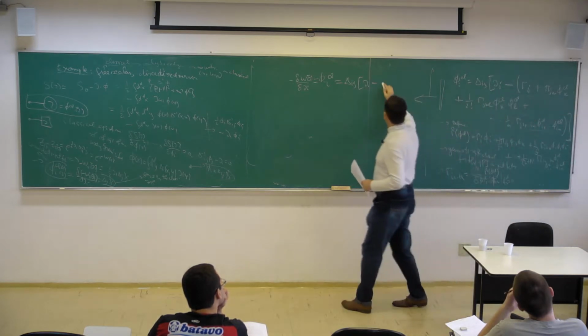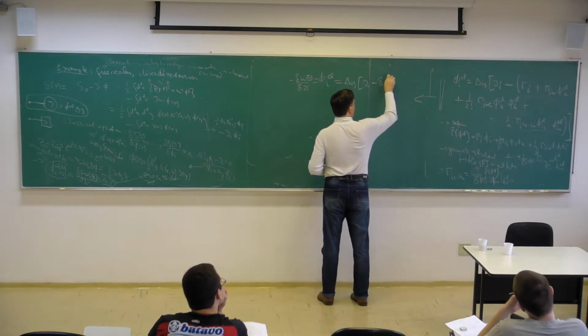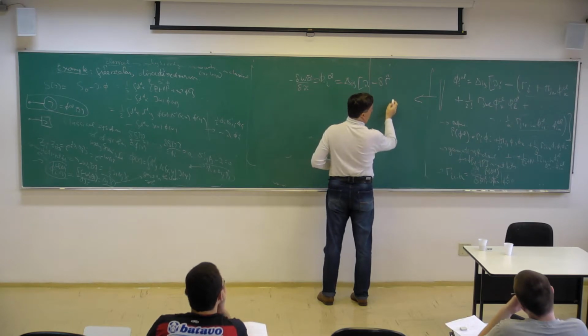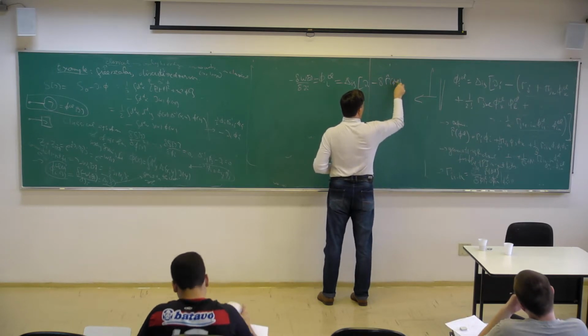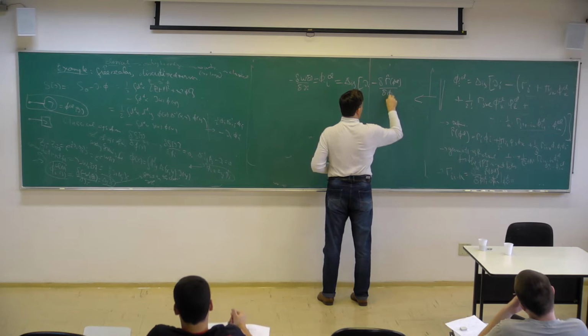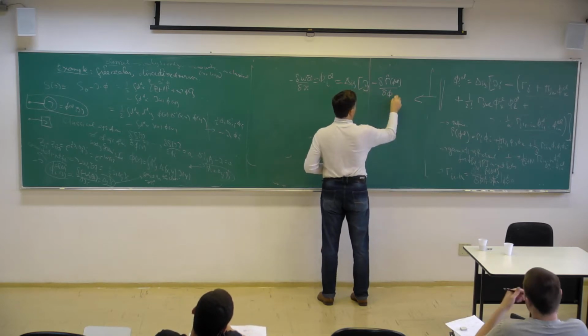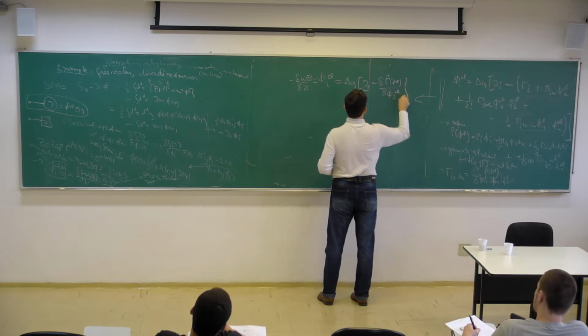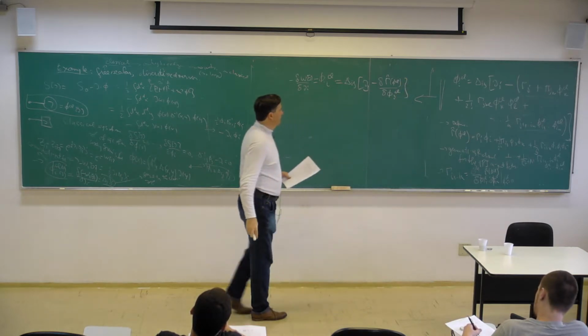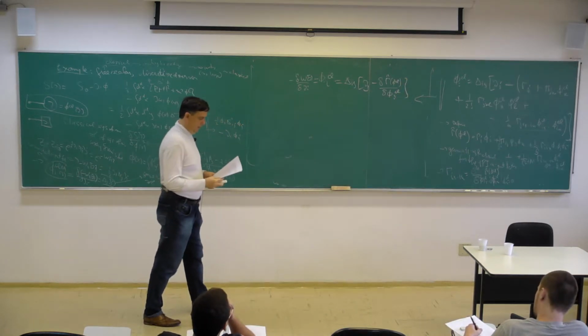So the 1-point function, that is to say the gamma hat of phi classical, the derivative with respect to phi j classical. Okay?